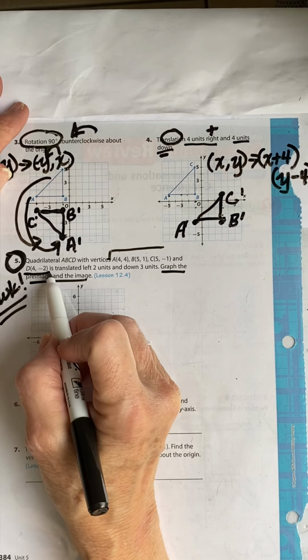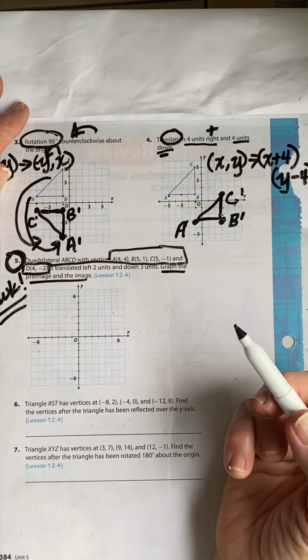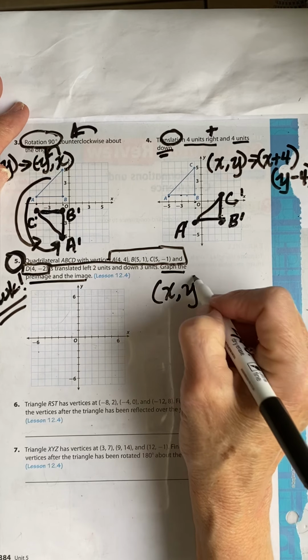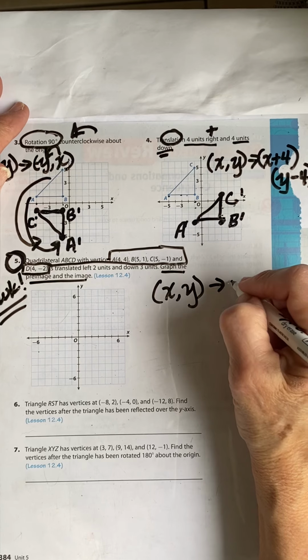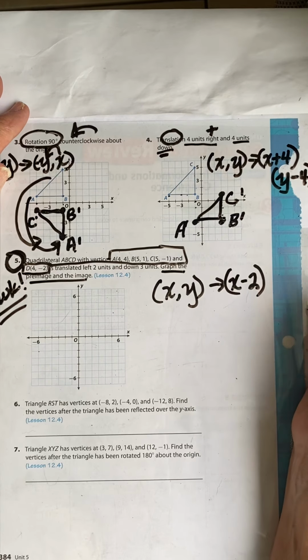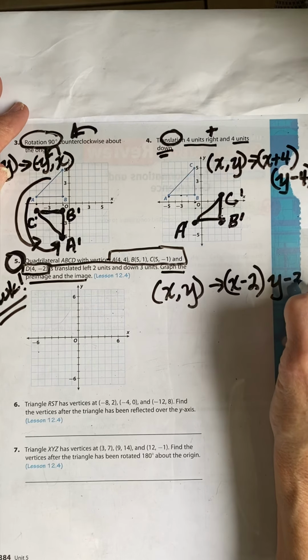First graph those to make your quadrilateral. Then you're going to do x - 2 for left 2 and y - 3.